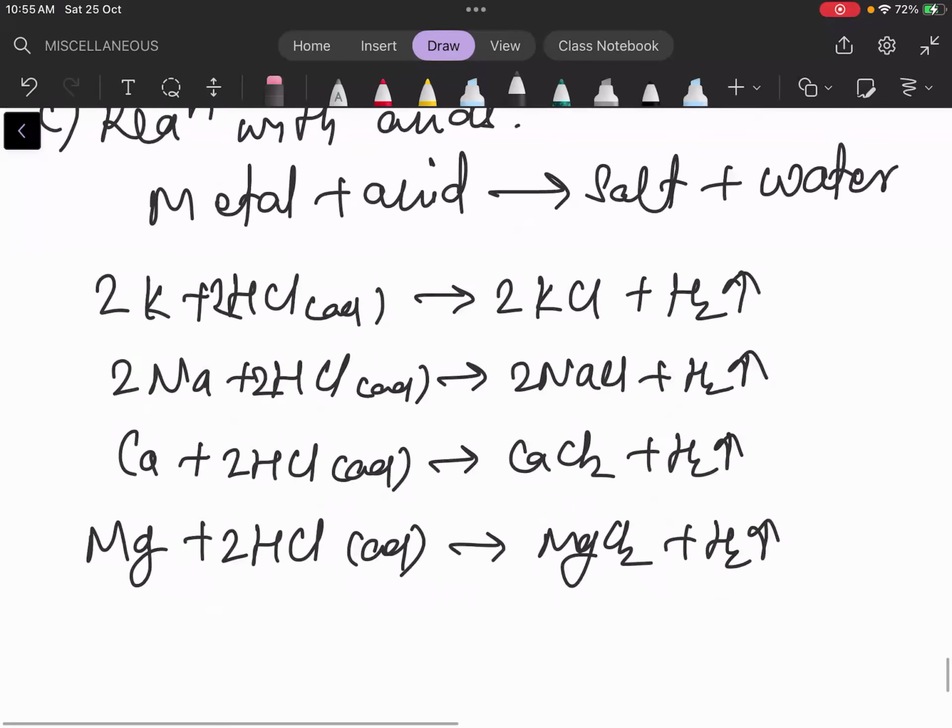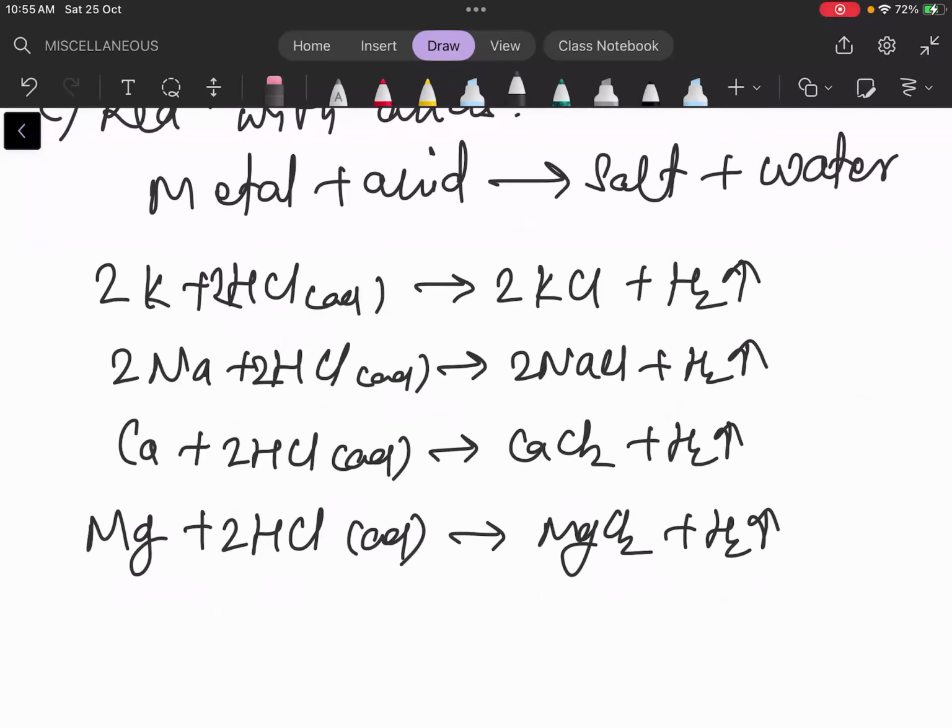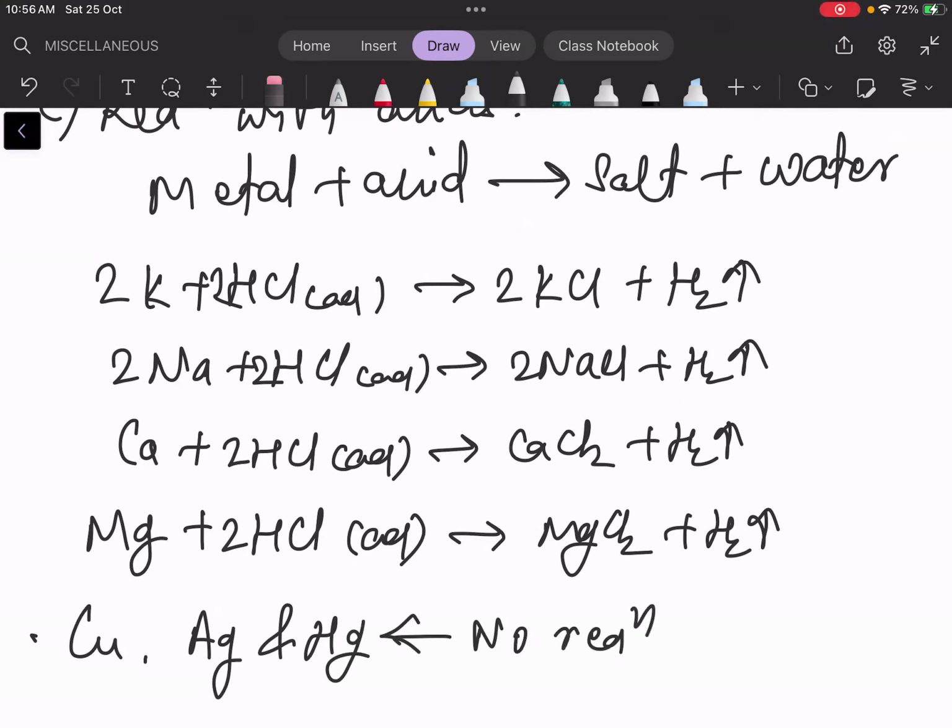Copper, silver, and mercury do not react with dilute acid. They do not show any reaction with dilute acid.